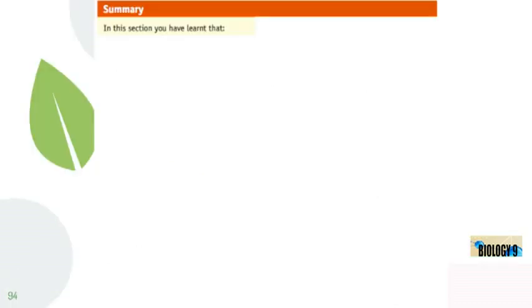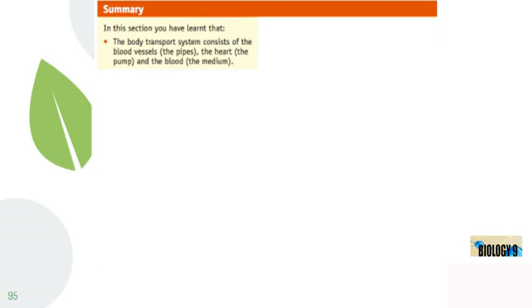All right, this is 3.5 now, the end of this unit. And so far, we've learned quite a lot. In this particular subsection of the unit, we have learned that the body transport system consists of blood vessels, the heart, and the blood.